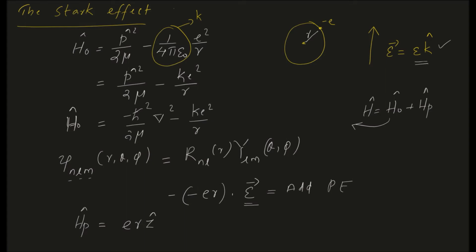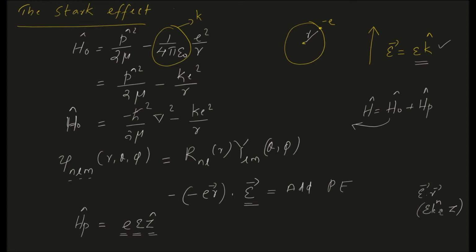When you take the product E dot r, which is also a vector quantity, then out of the x, y, z components only the z component will give you a non-zero value. So this is e E into z, where e is the electronic charge, and E is the electric field, and this one is not the unit vector.